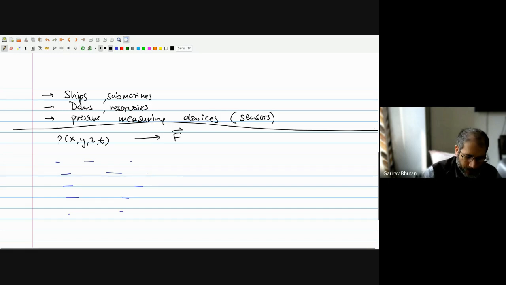And then in this fluid, what I'll do is take a fluid volume. There's no solid body here. In fact, I've taken an imaginary fluid volume here, an imaginary collection of fluid particles, and this is all stationary. There's no movement here. And what I want to do is find out the pressure distribution in this fluid.